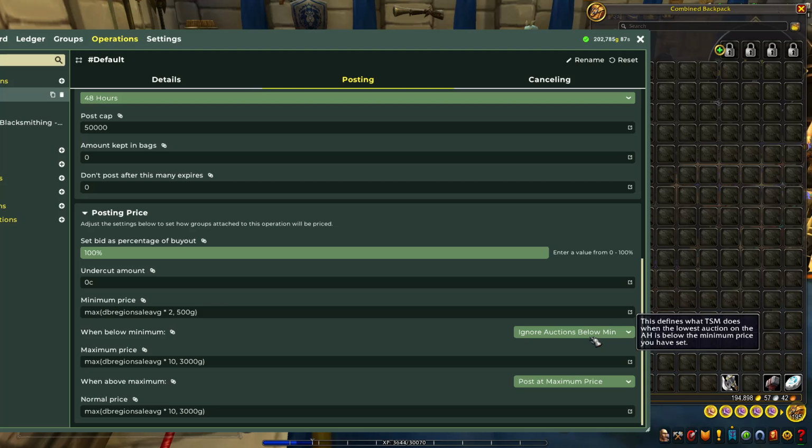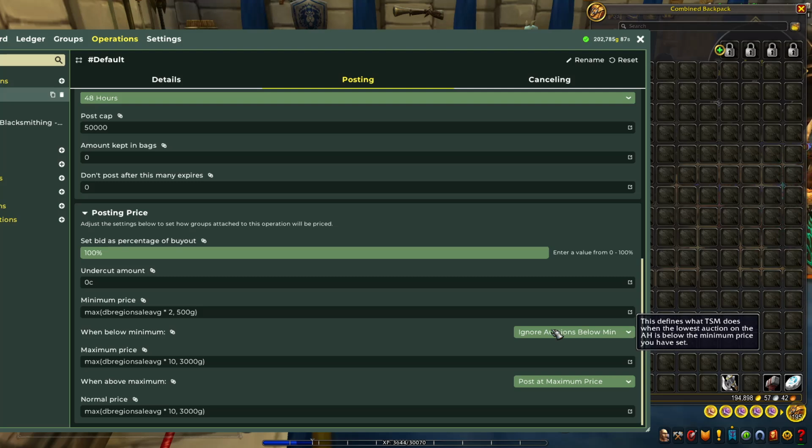So let's say the minimum price is 500 gold. And let's say there's one guy selling on the auction house for 400 gold, and then there's another one for 600 gold. This is going to try to undercut the guy that is posting the cheapest, but it's going to ignore the one below 500 gold.